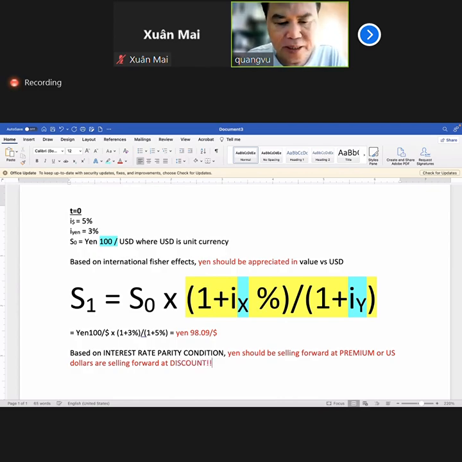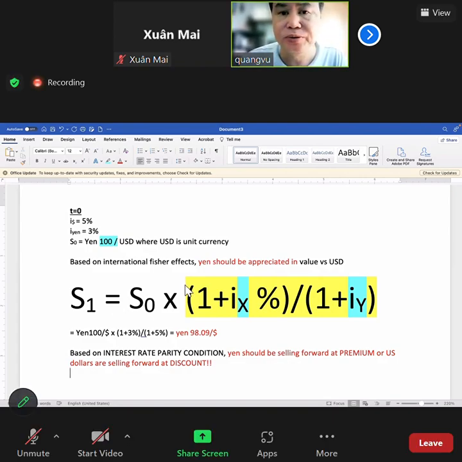Yeah. So this is how dealers determine the forward rate and offer it to their clients.